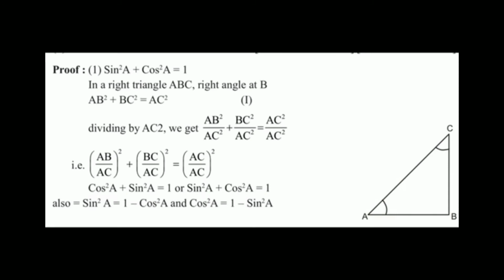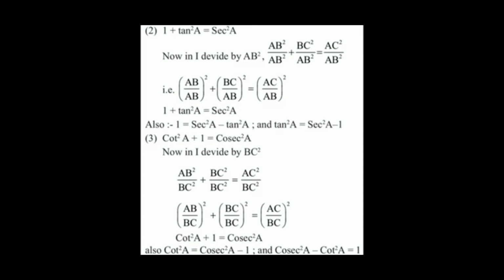Let us learn how. We take the same triangle and write the Pythagoras theorem again. Now in the identity we need tan square A. So we have to divide the Pythagoras equation with AB square, and therefore our statement becomes AB square by AB square plus BC square by AB square is equal to AC square by AB square.